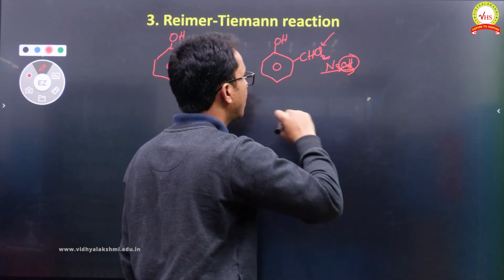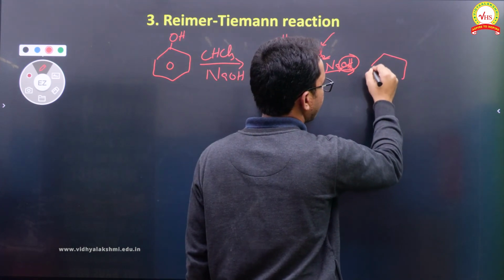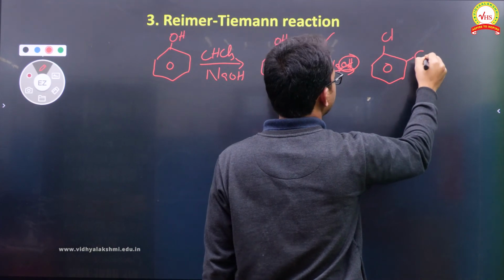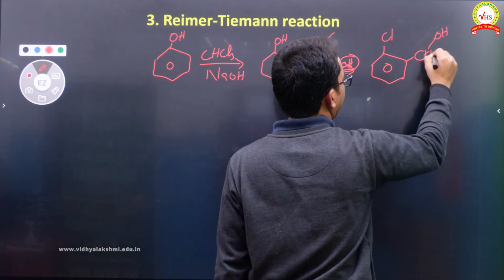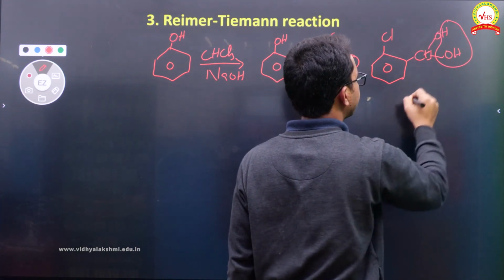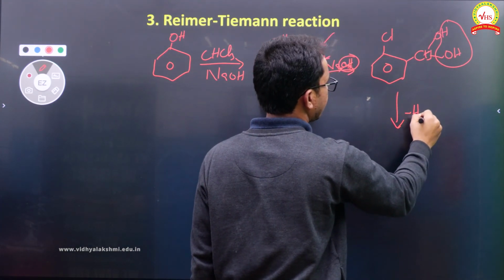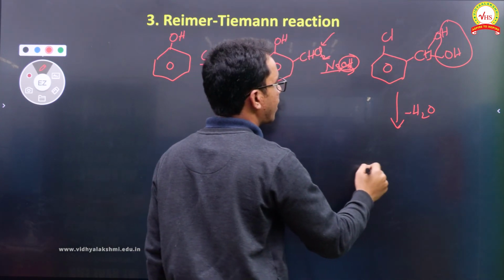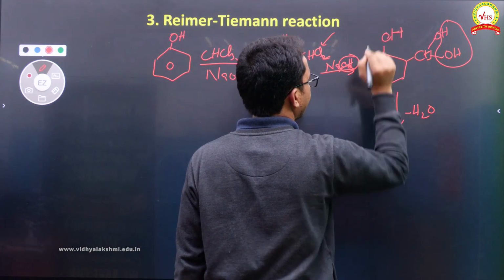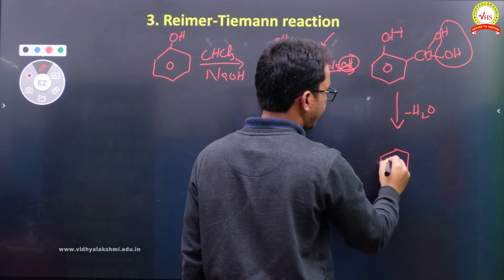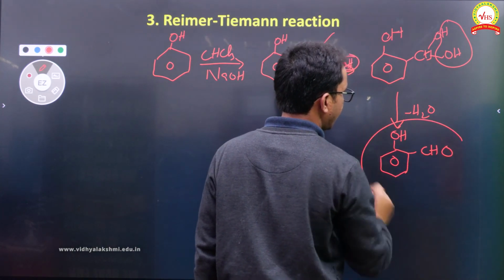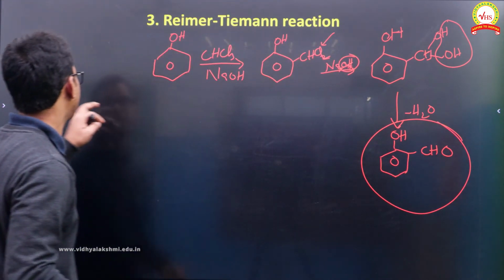These two Cl groups will be substituted with OH groups, giving CHOH and OH. This gem-hydroxy group is likely to be unstable. What happens? Elimination of water takes place, and salicylaldehyde is formed, with OH and CHO. This is the formation of salicylaldehyde.